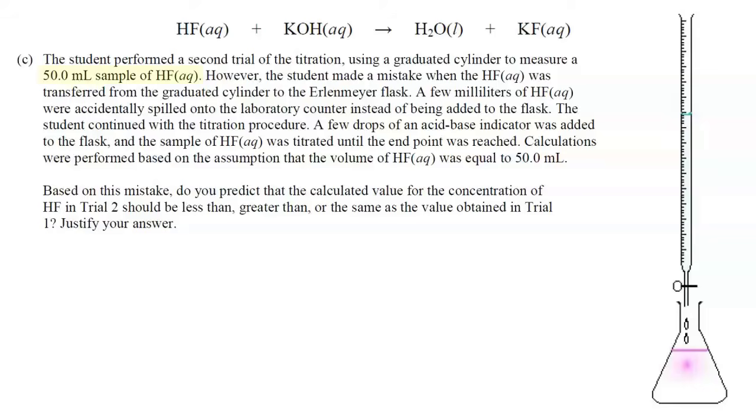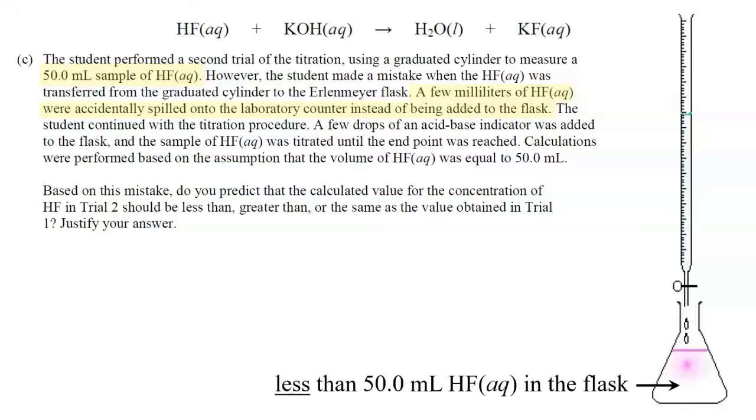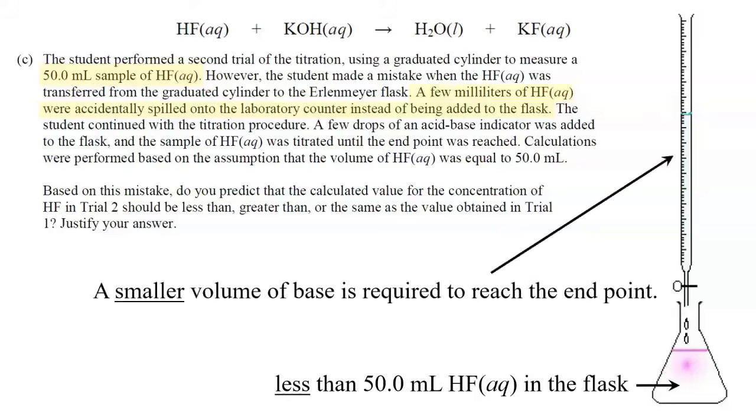Justify your answer. So because of the mistake in which a few milliliters of HF were accidentally spilled onto the laboratory counter, less than 50.0 milliliters of that aqueous hydrofluoric acid solution actually made it into the flask. So our volume of HF is less than 50 milliliters, which means if we have a smaller amount of acid, then we will need a smaller amount of base to reach the endpoint.